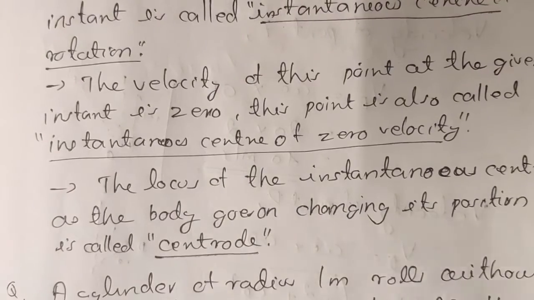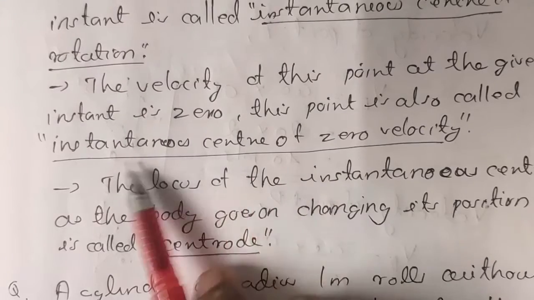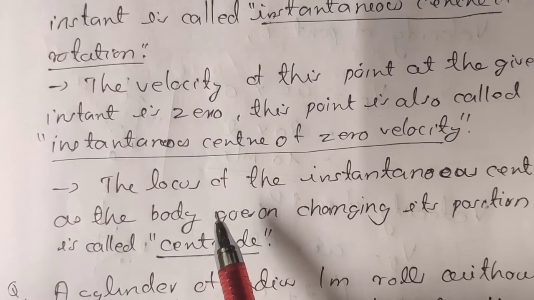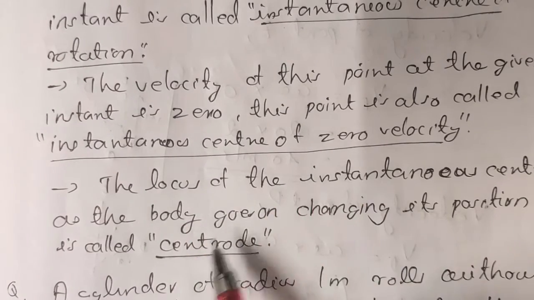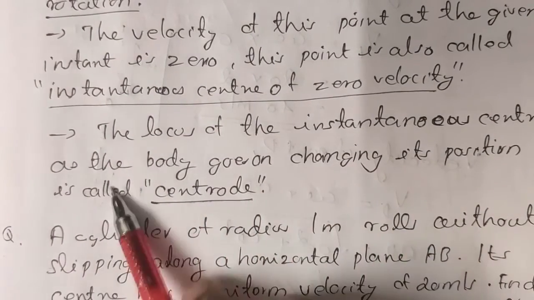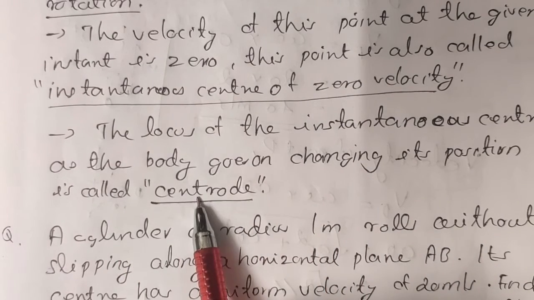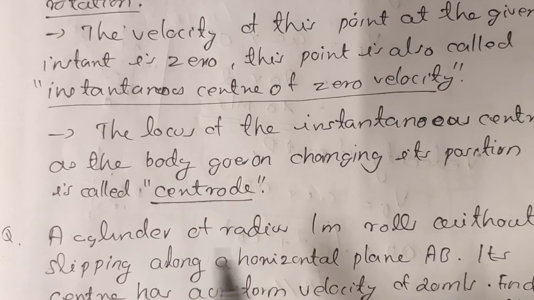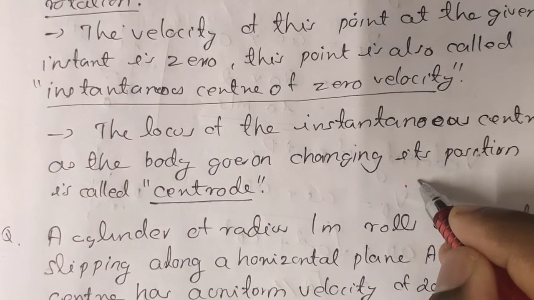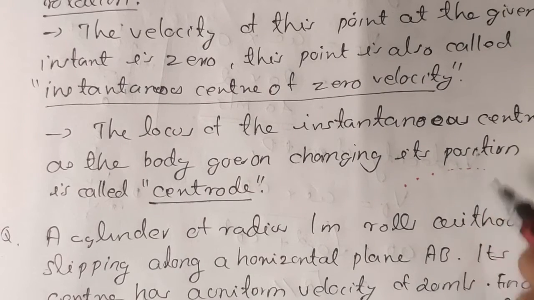The velocity of this point at the given instant is 0. This point is called the instantaneous center of zero velocity. At that point, if the velocity is zero, that is called instantaneous center of zero velocity at that time. The next thing, the locus of the instantaneous center as the body goes on changing its position is called centrode. If this is the instantaneous center for this second, this is for the next second, and this is for the next, so it keeps moving.